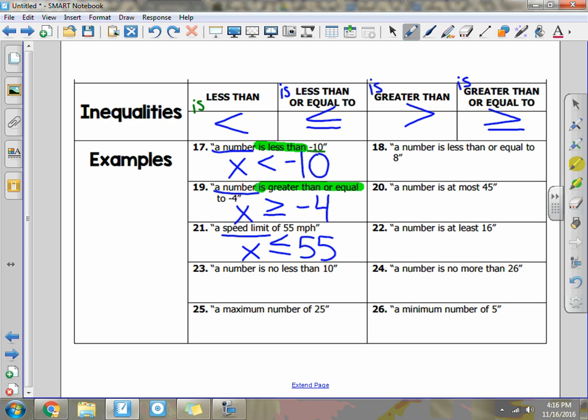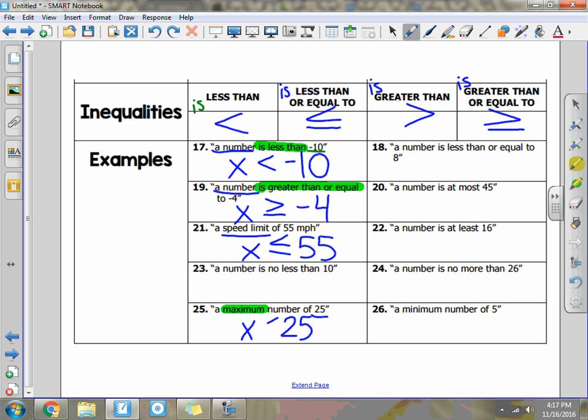Let's try number 25. This one says a maximum. Remember, maximum, when we talk about it in the real world, that means that that's the most that it could be. So if I'm talking about the number 25, I'm going to put that here. I know I've got some mystery number, but all my numbers have to be less than 25 because I can't go any higher.